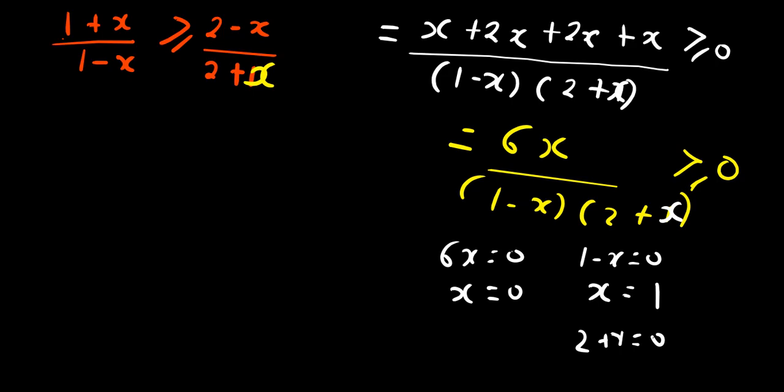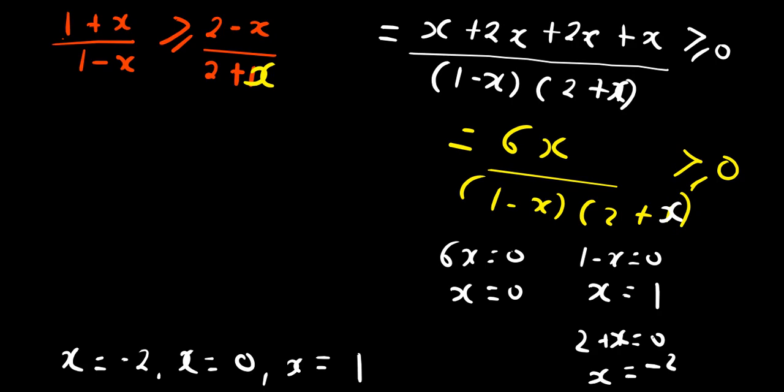So your x in this case will just be negative 2. So our x values, from the smallest one, we've got x equals negative 2, x equals 0, and x equals 1. These are the values that we have for x.